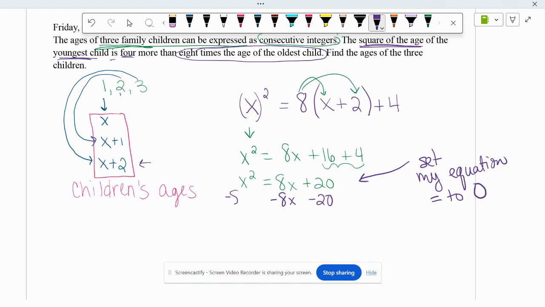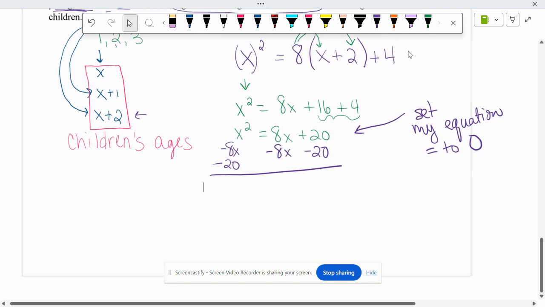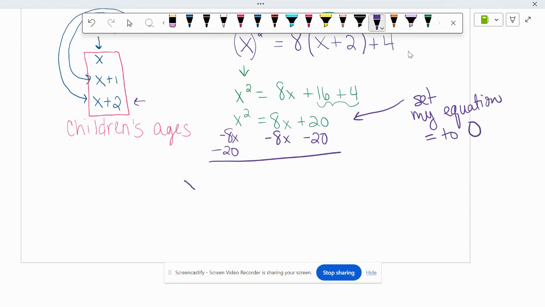When I do that, I end up with the quadratic equation x squared minus 8x minus 20 equals 0.